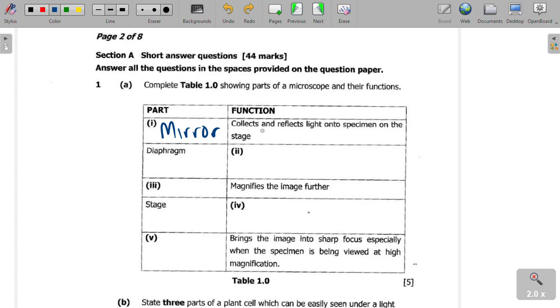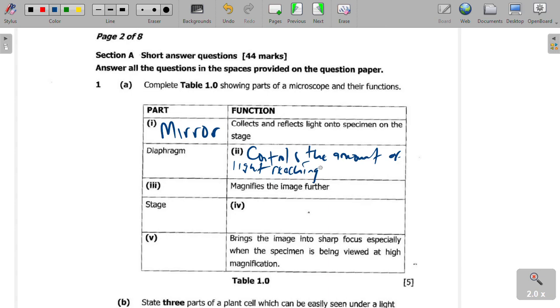The diaphragm controls the amount of light reaching the specimen.